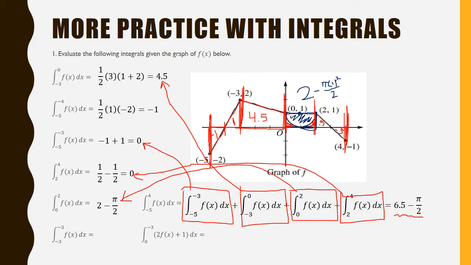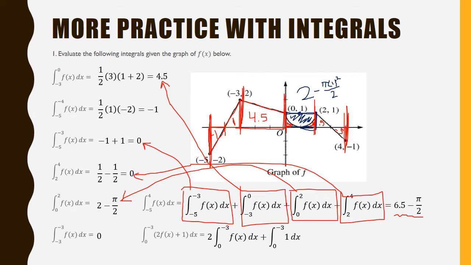Down at the bottom, we have the integral from -3 to -3. Haha, that's 0, no matter what. And then finally, the integral from 0 to -3 of 2f plus 1. So here a couple things are going on. One is that you can use the linearity property, split up the plus and also take out the 2 coefficient.